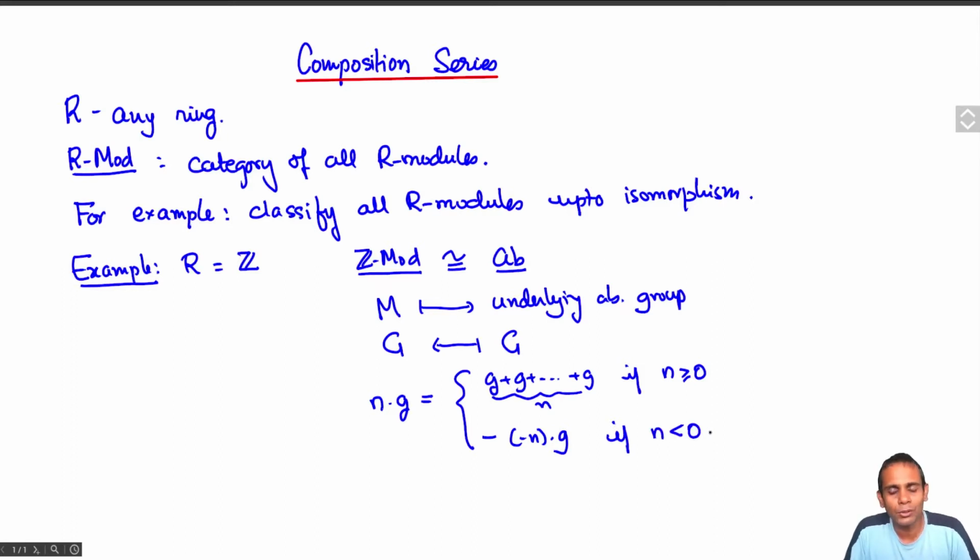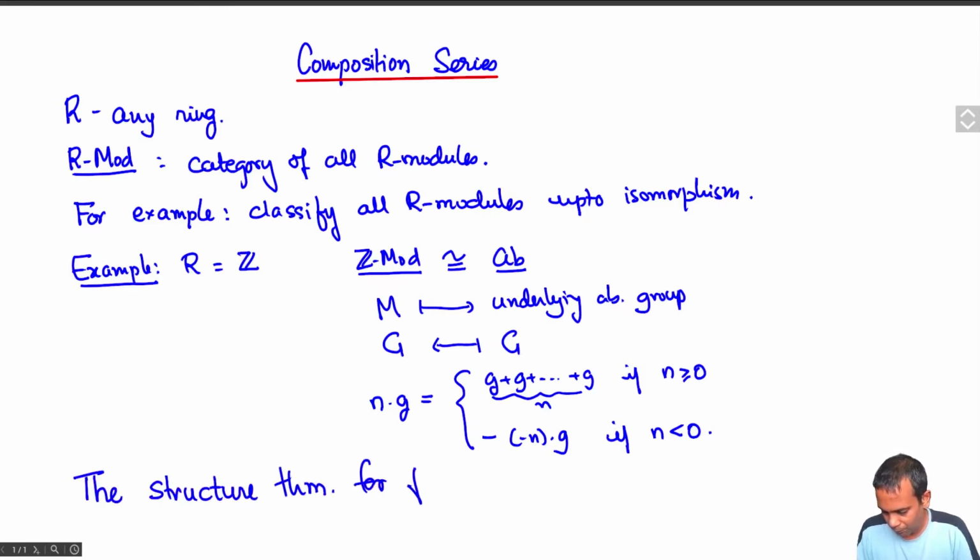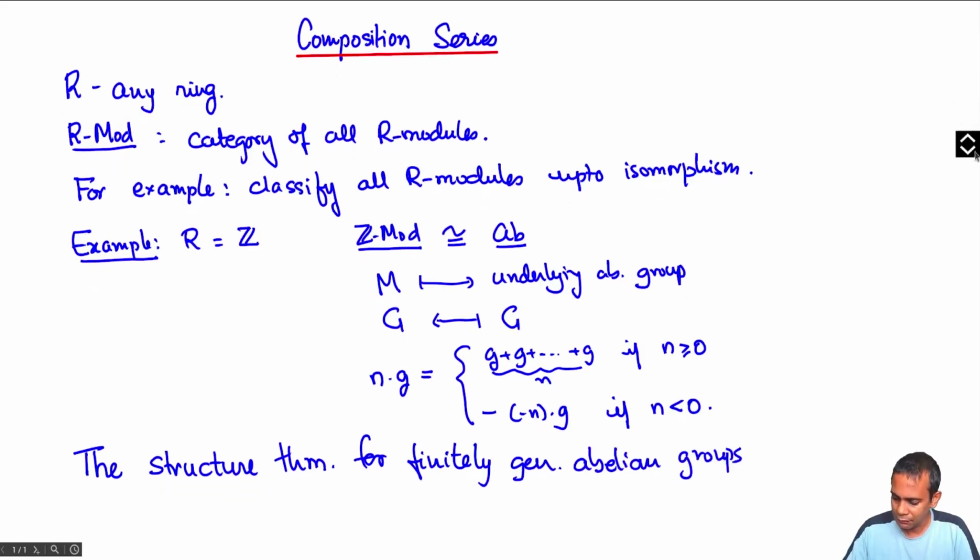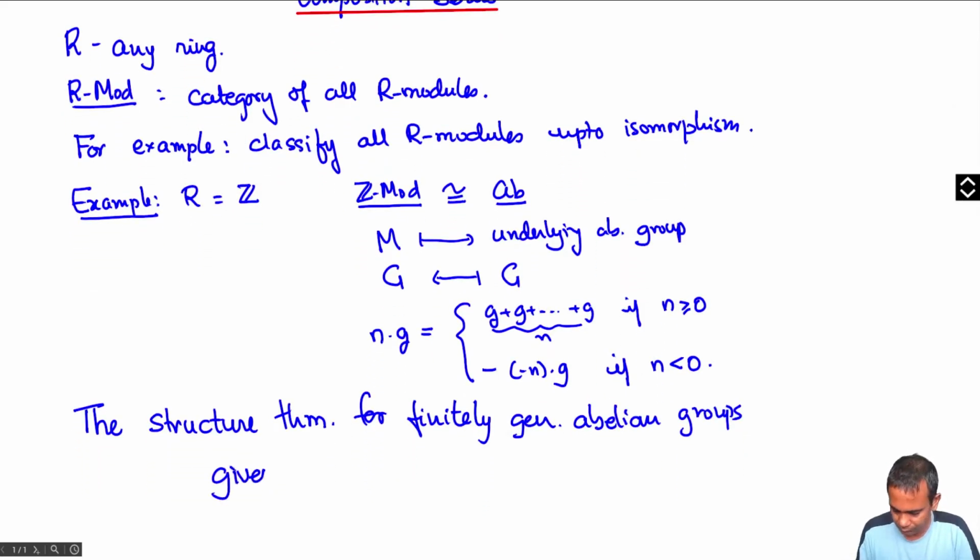So the category of Z modules is the same as the category of abelian groups. And in Algebra 1, we have seen a structure theorem for finitely generated abelian groups. So what this does is, this gives a classification of finitely generated Z modules up to isomorphism.